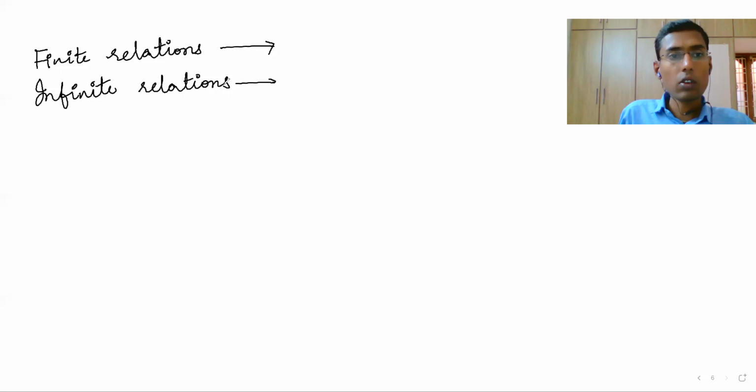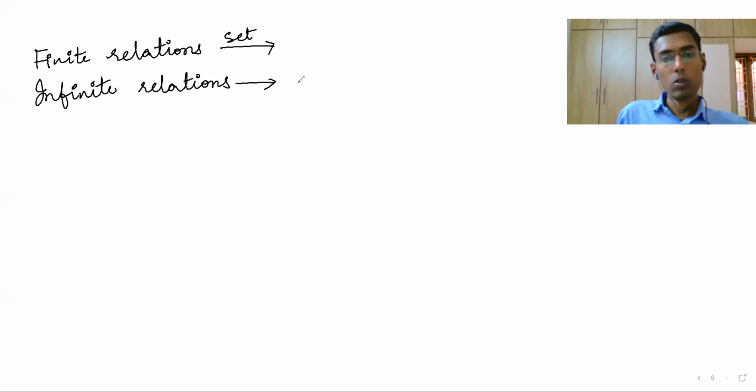A relation is a set, right? Set of ordered pairs. So finite relation means what? Finite set. Infinite relation means what? Infinite set. Yes, sir. So now I'll write it.